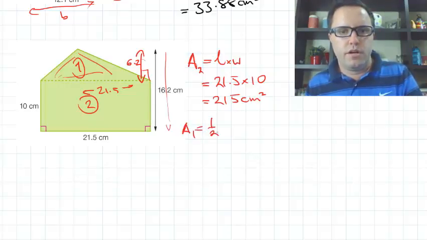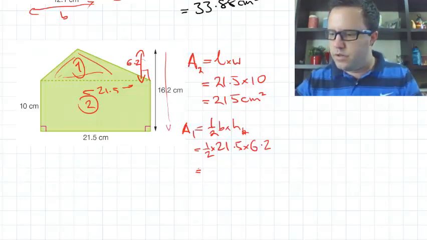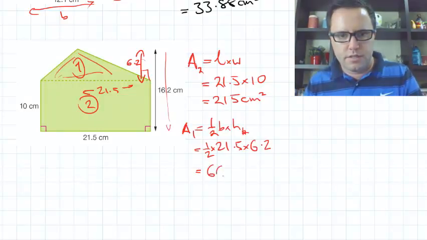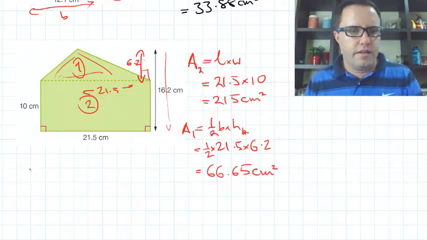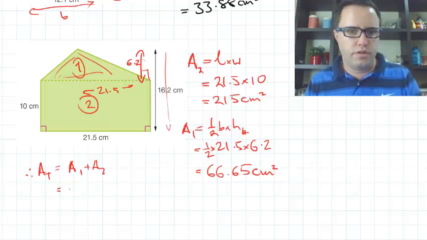So area 1 is equal to half base times perpendicular height, which is equal to half of 21.5 times 6.2, which is 66.65 centimeters squared.